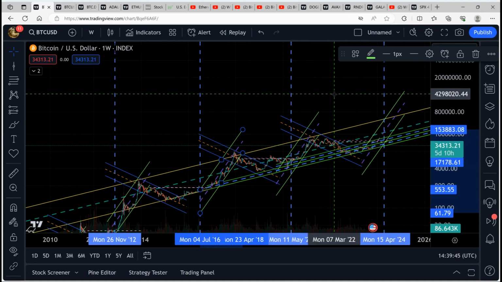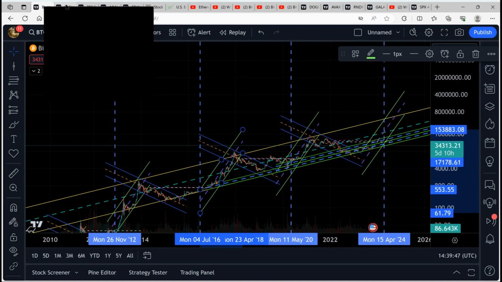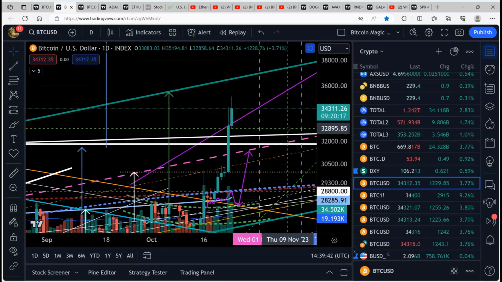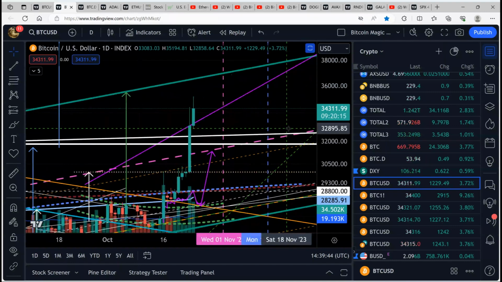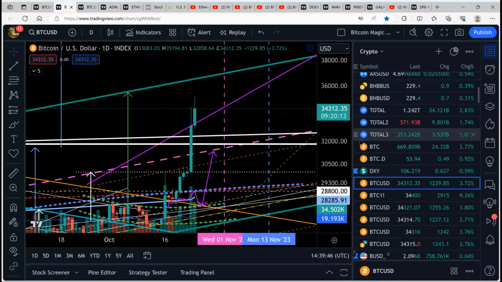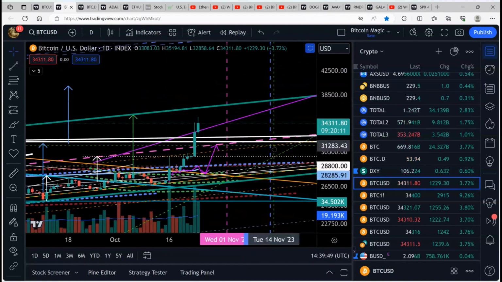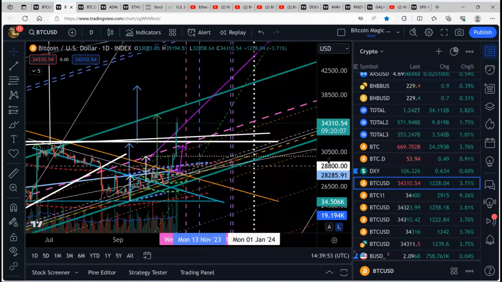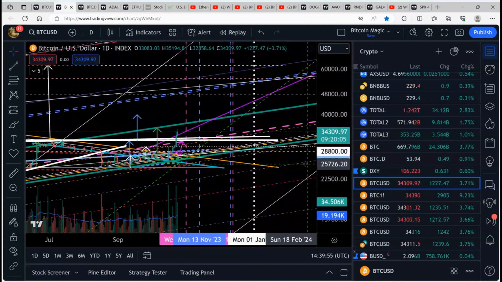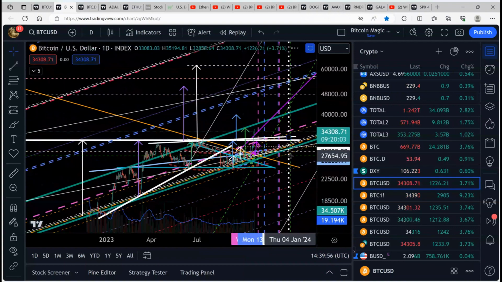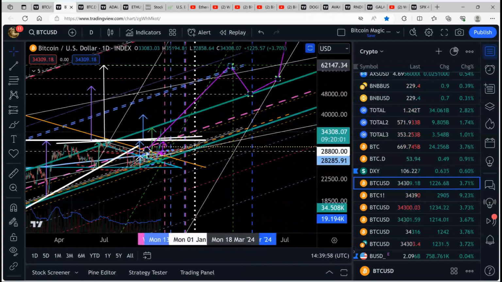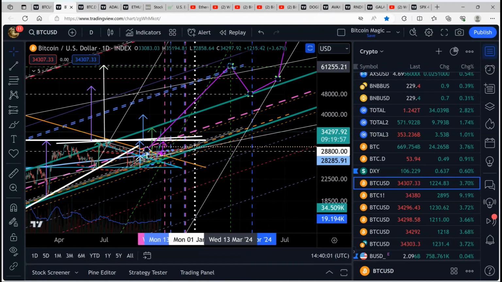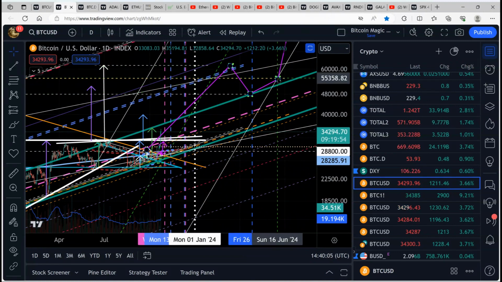Now, here I made some larger predictions. Whoa, I have to really zoom out to see my larger predictions, and I may modify these to 62,000 by end of January, back down to 48, and up to 57.